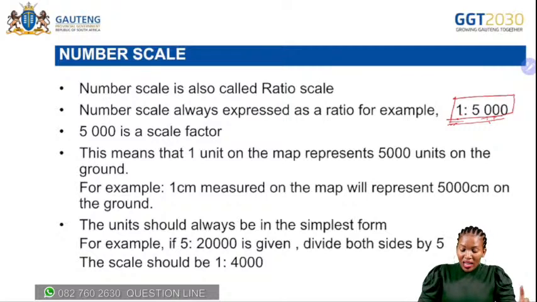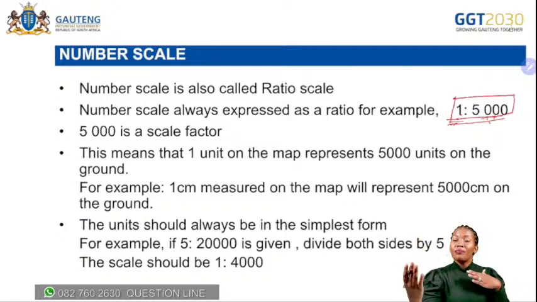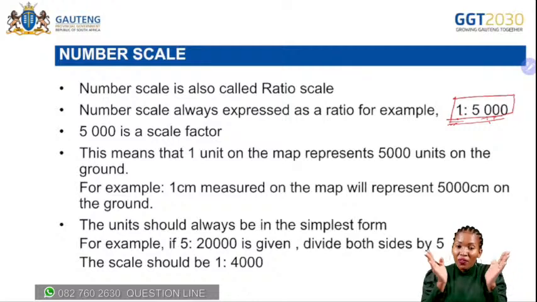So guys, when I was explaining the meaning of scale, I said that the picture that you see on your cell phone is not my actual size. In reality, I'm big. So what you see on the paper is my image that has been reduced by a certain scale factor. When I'm talking about the scale factor, what am I referring to?